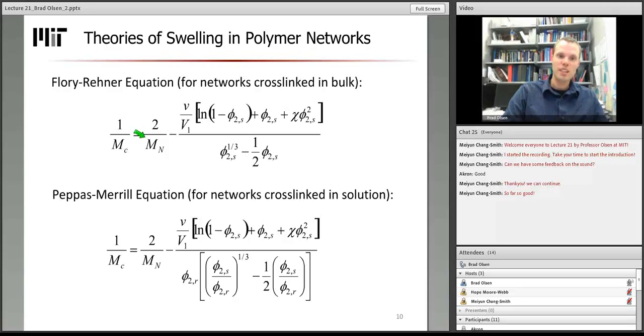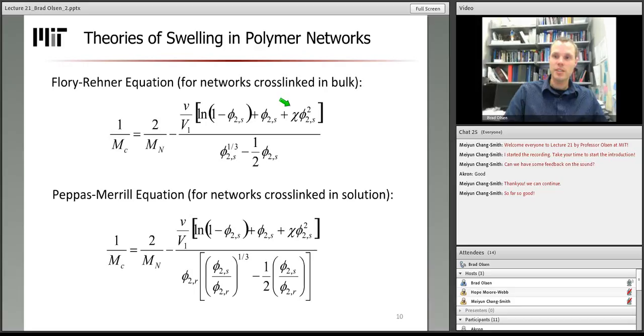And the parameter we'd like to tune is the fraction of polymer in the gel, so essentially the degree of swelling. And so the way we do this is by tuning the polymer-solvent interaction parameter chi. And responsive changes in that parameter as a function of various thermodynamic variables can swell or deswell the gel and allow this sort of smart material response.